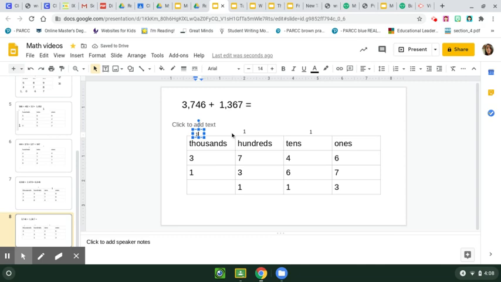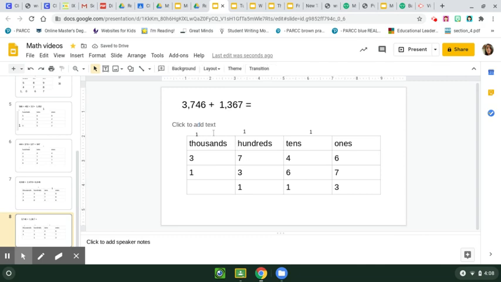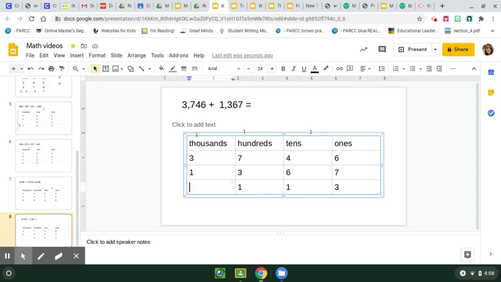All right, so I've carried my 1 from the 11, and now I have 3 plus 1 plus 1 more. So hopefully you're having a number in your head, right? And what do you think? So did you get 5? Right? So 3 plus 1 is 4 plus 1 more is 5.